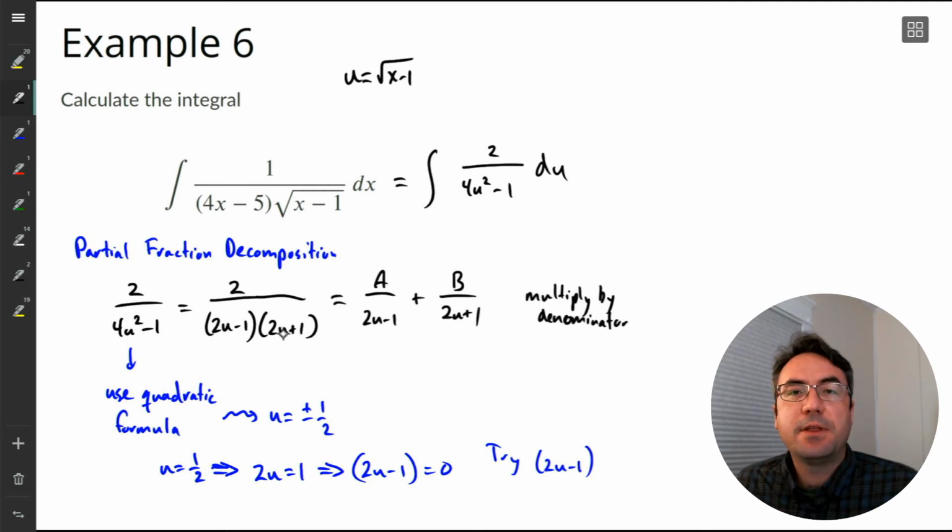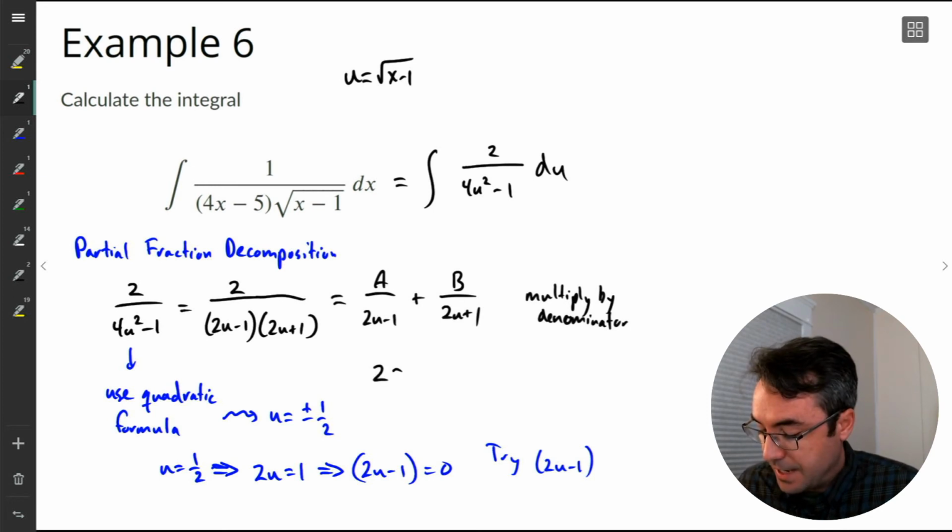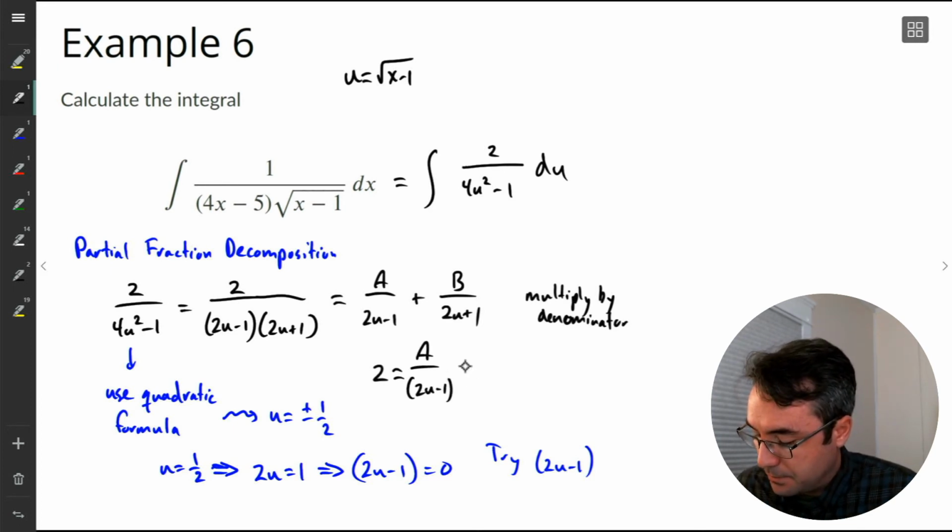So if we do that on the left, the denominator is going to cancel. That's the whole point. So we're just going to end up with 2. And if we multiply it on the right, we'll actually see that. We'll work it out.